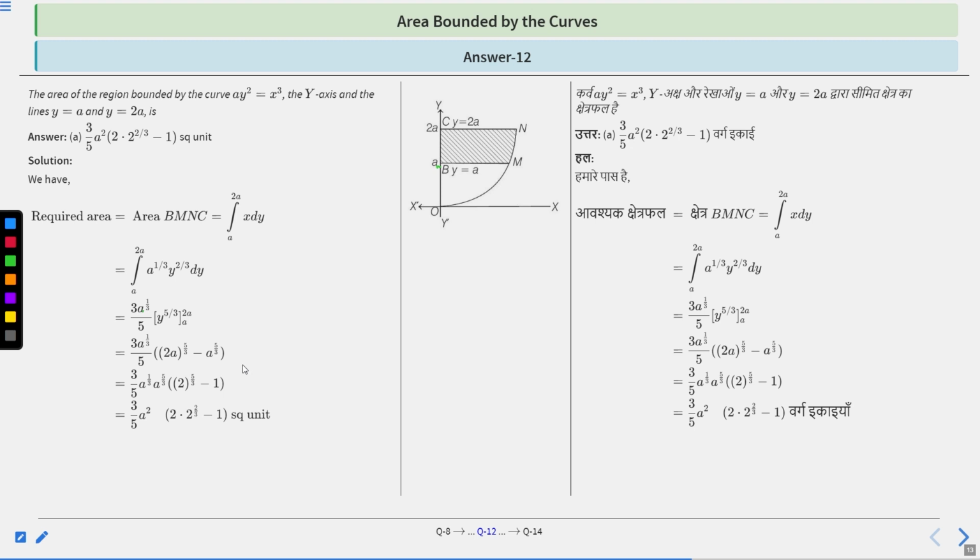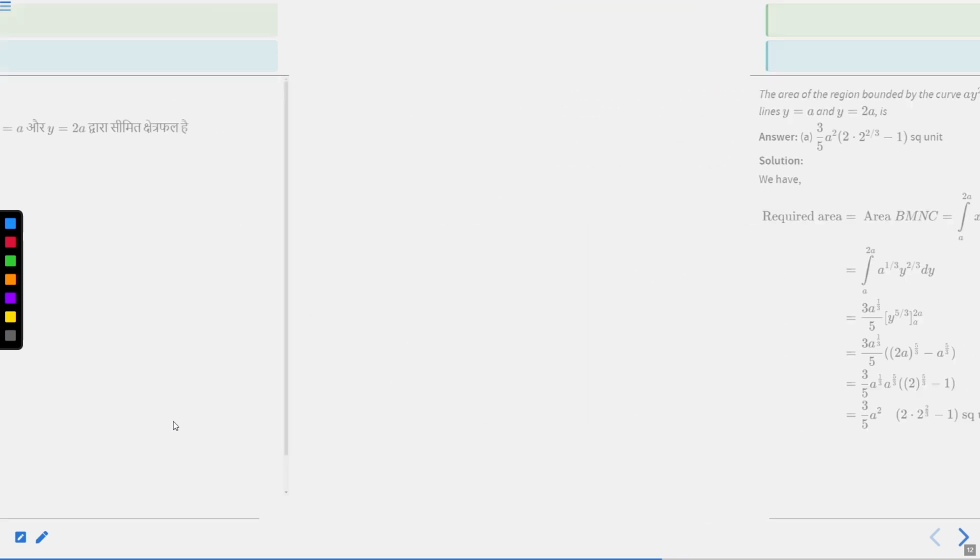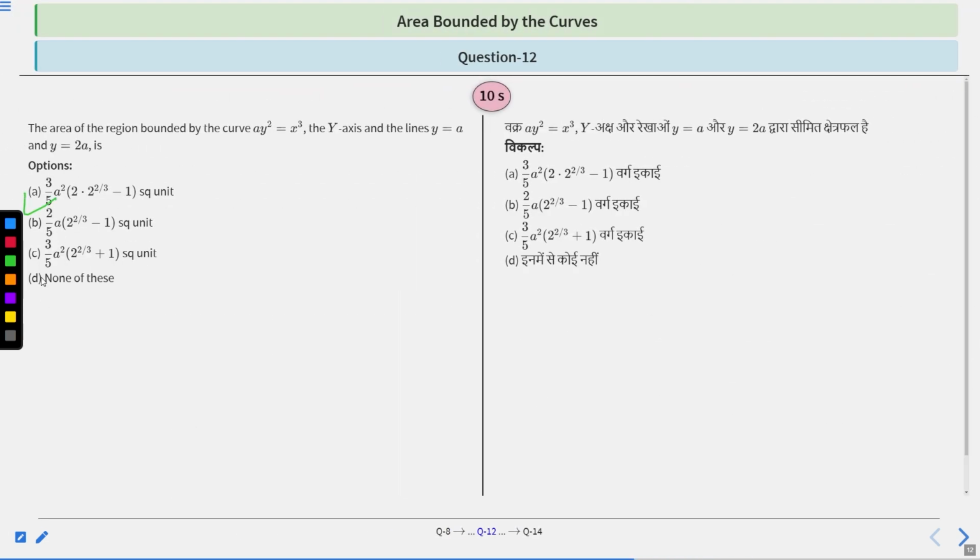Clear? We can take a to the power 5 by 3 as common. So 3 by 5 a to the power 1 by 3 into a to the power 5 by 3 into (2 to the power 5 by 3 minus 1). After solving, we get 3 by 5 a square (2 into 2 to the power 2 by 3 minus 1) square unit. So I think option A is the right choice. Got it? A is the right choice.